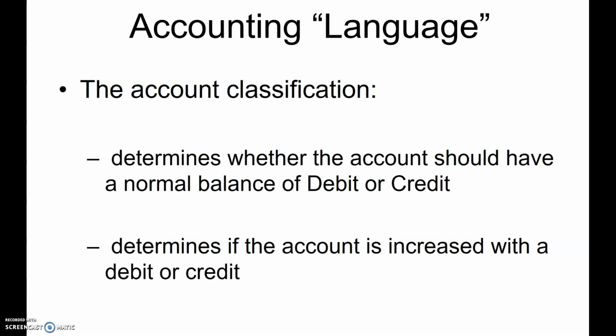And what makes it tricky is sometimes a debit is a plus, sometimes a debit is a minus. It depends on the type of the account. If the account has been assigned a normal balance of debit, that means that account increases with a debit. Now, if an account has been assigned a normal balance of credit, that means that account is going to increase with a credit. So this is why we have to learn our rules of debit and credit.